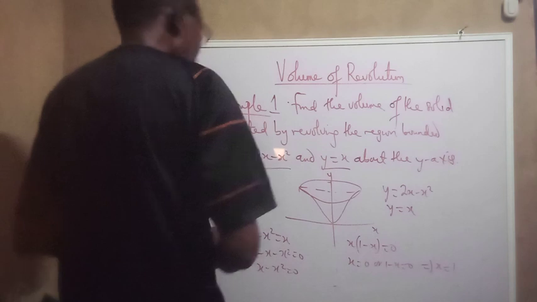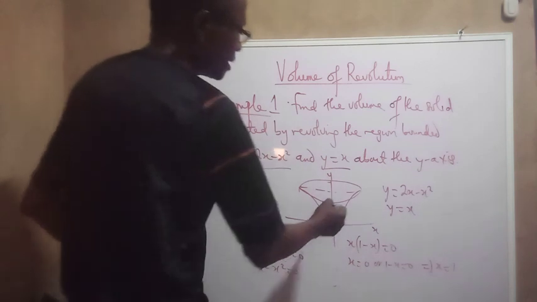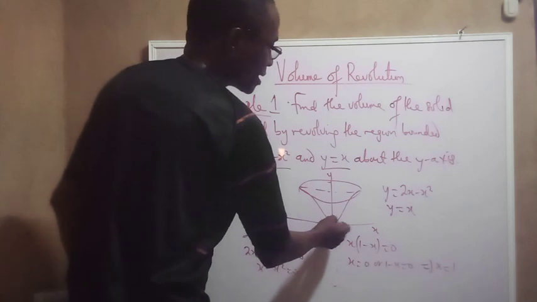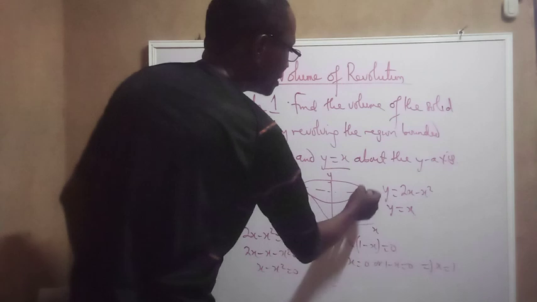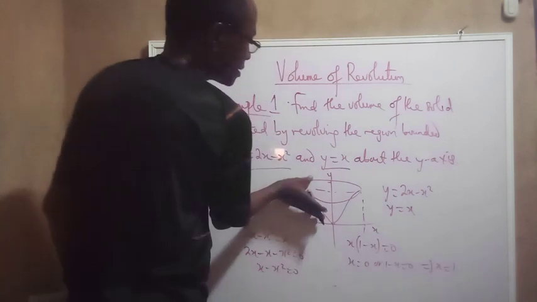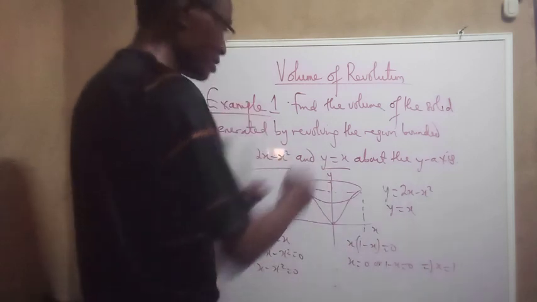Which invariably means that if x is equal to 0, and x equals 1, let's say it's here, the object looks like this. So this other part is not part of it. It revolves only on this half plane. You know, it's symmetrical.